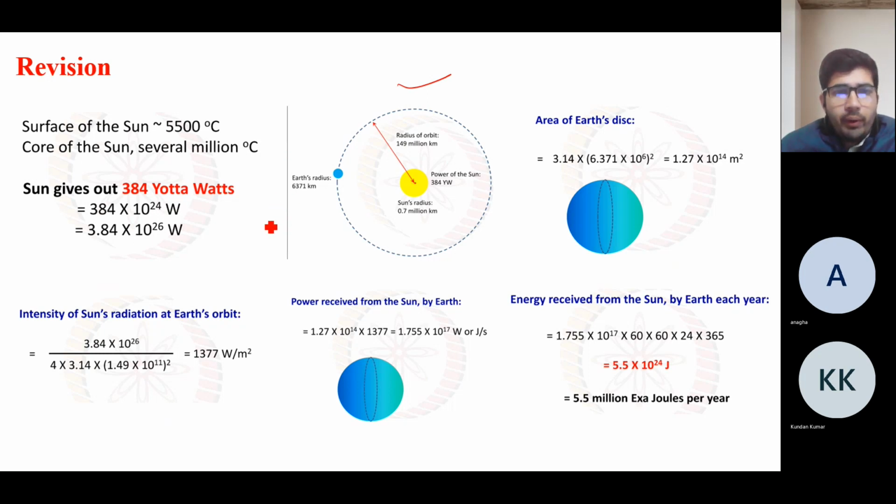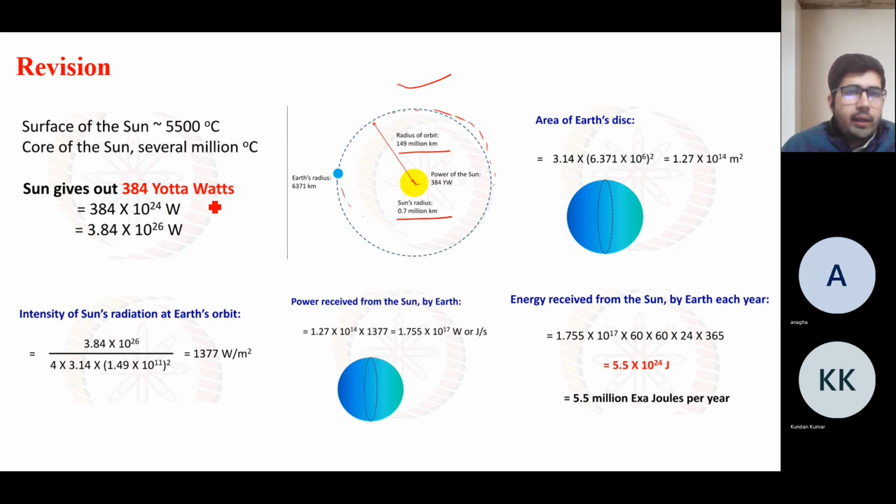The sun radius is 0.7 million kilometer. It has an orbit with a radius of 149 million kilometer, and in this orbit, from the dotted line, you can see the earth is moving around the sun.